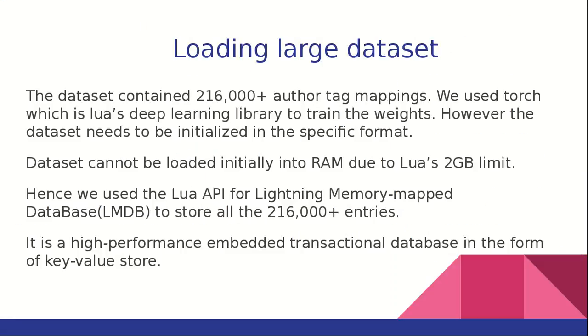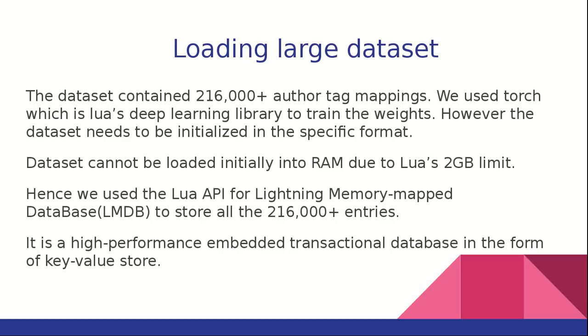Since we have around 216,000 author names, it is not possible to load all the author names in the RAM. This is because we used the Lua API for programming the neural network in order to learn it.